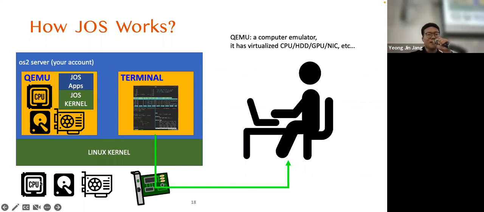So even if we are developing JOS apps using QEMU by interacting with the terminal, you will feel the real environment of developing the operating system on real hardware. All the actual operations of the disk, network, or graphic card will be interacting with the OS/2 server, the Linux kernel, and you can see the result over the network.